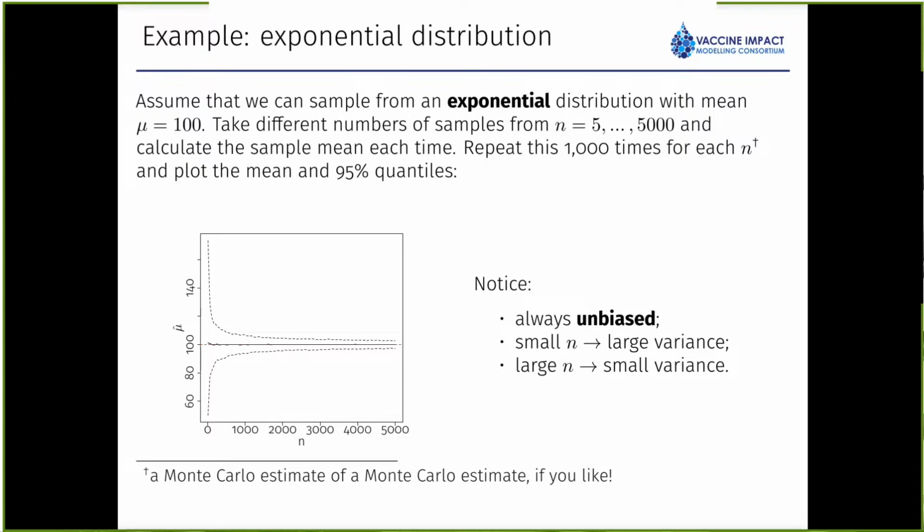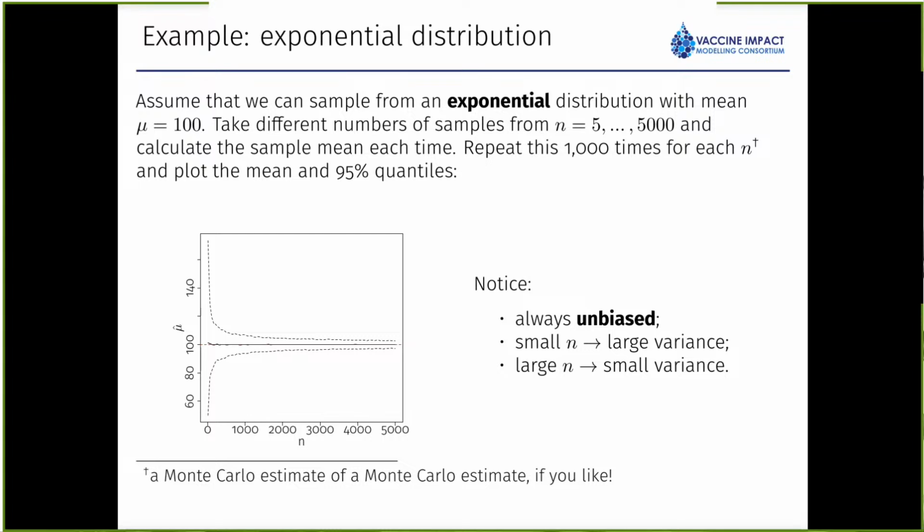And then I've done that 1,000 times, and then I've plotted out the average of those and the uncertainty bounds, and then I've repeated that for different sample sizes, going from close to 0 up to 5,000. All right? And what you can see is that if I take the average of those Monte Carlo estimates, then they lie absolutely bang on the true value.